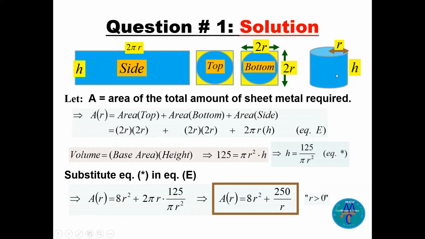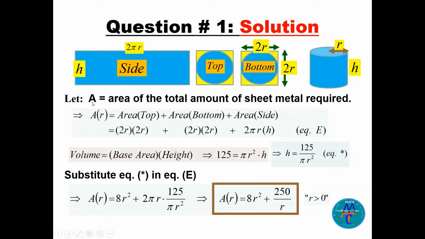Now look at this side here. We have to have a big rectangle here. The length of the rectangle will be the circumference, 2 pi r, and this width of the rectangle will be the height h. So this is the curved side.